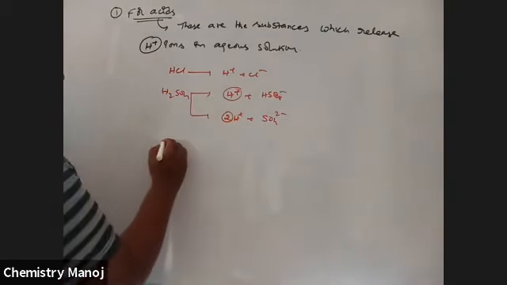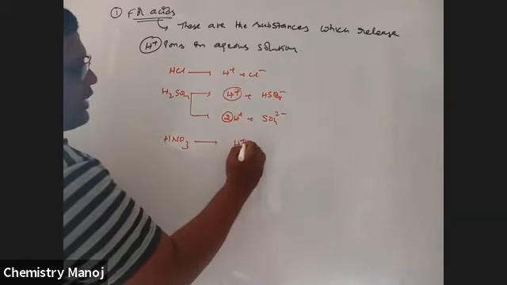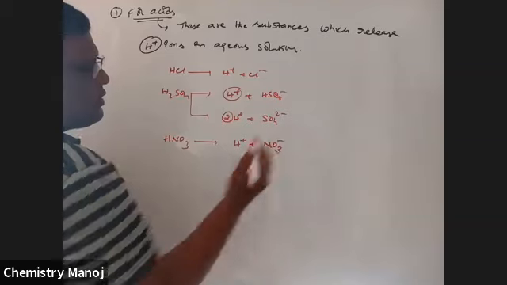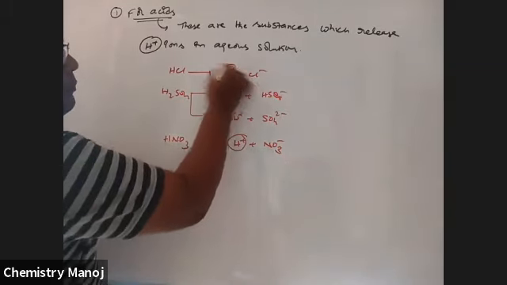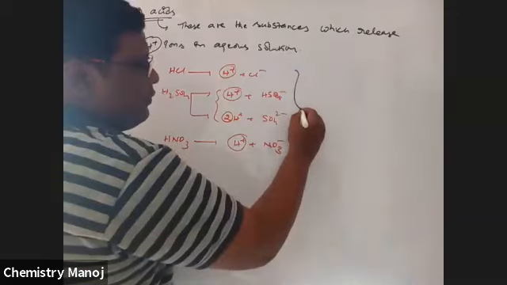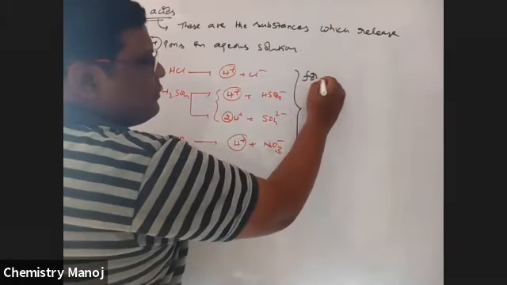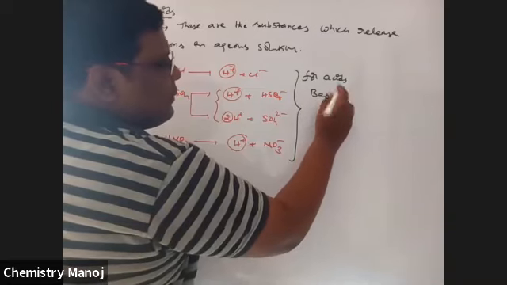Next, HNO3 dissociates into H plus ion and NO3 minus ion. That means the number of H plus ions is not equal from acid to acid. Therefore, for acids, basicity is there.